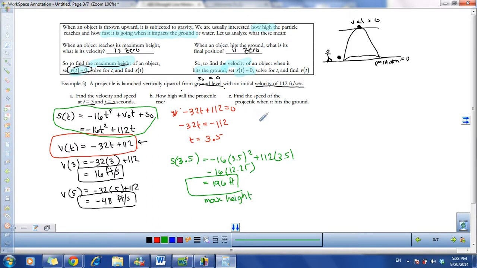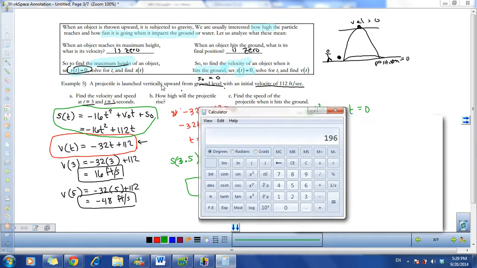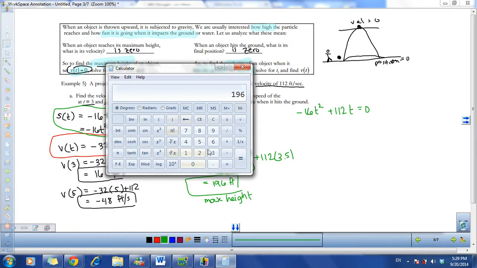It says find the speed of the projectile when it hits the ground. So when does it hit the ground? Whenever my position function equals 0. So negative 16t squared plus 112t equals 0. Let's pull out a t. Can a 16 come out? 112 divided by 16 is 7. Yes, it can.